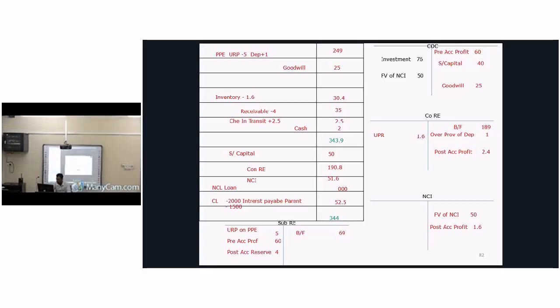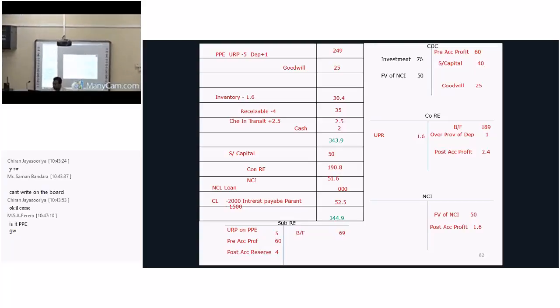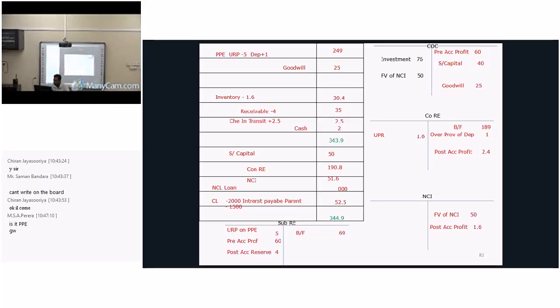There is one difference. What is it? Goodwill is wrong. Yes, it's not 25, it's 26. Yes, it is balanced at 344.9. Right, fine.